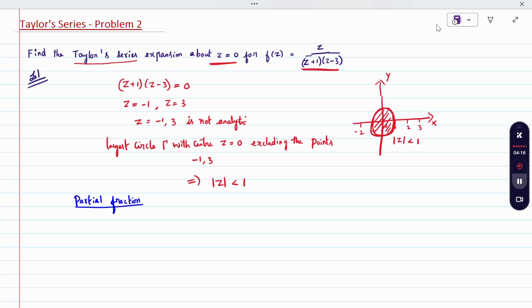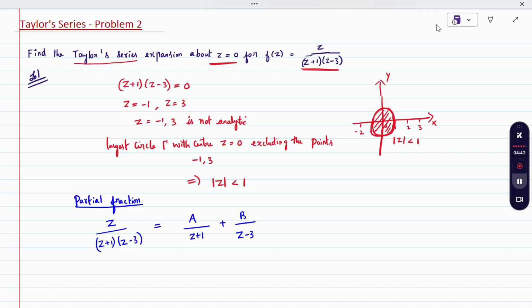It is z divided by (z plus 1) into (z minus 3), the full question I will take. You know the way to write the partial fraction. It is a divided by (z plus 1), because it is a single term, plus b divided by (z minus 3).